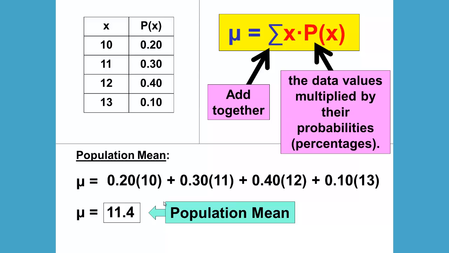X times P of x indicates that we should take the data values multiplied by their probabilities. So notice how that matches what we have done to find the population mean. We multiplied the data values by their probabilities and then added them together.